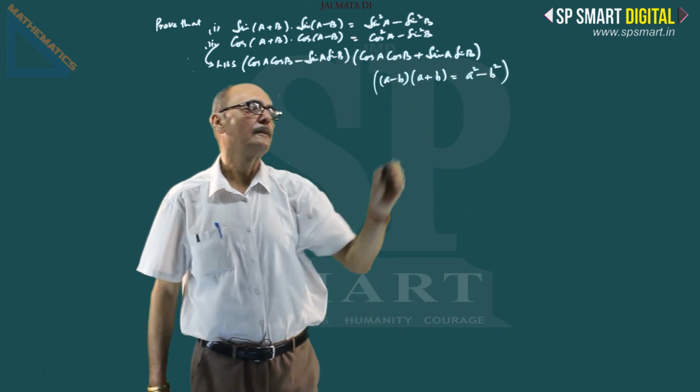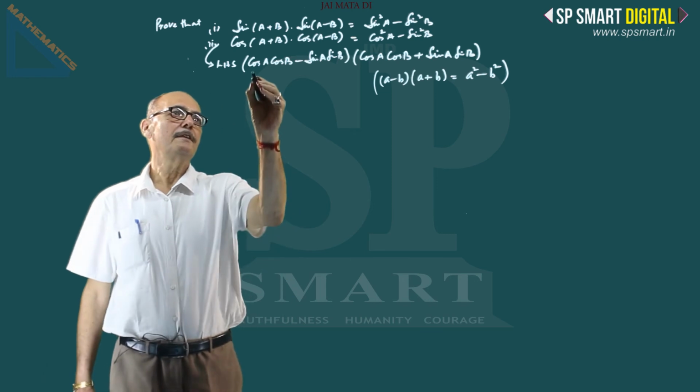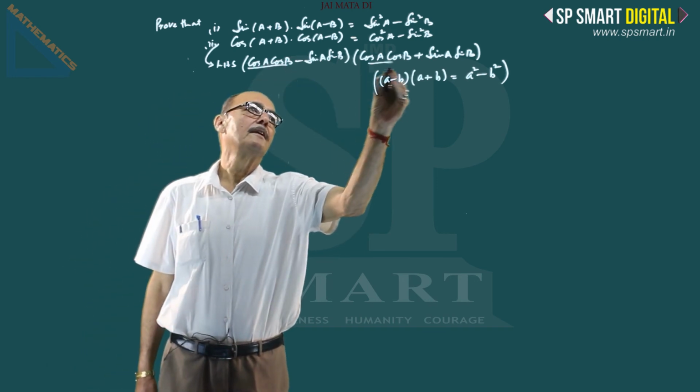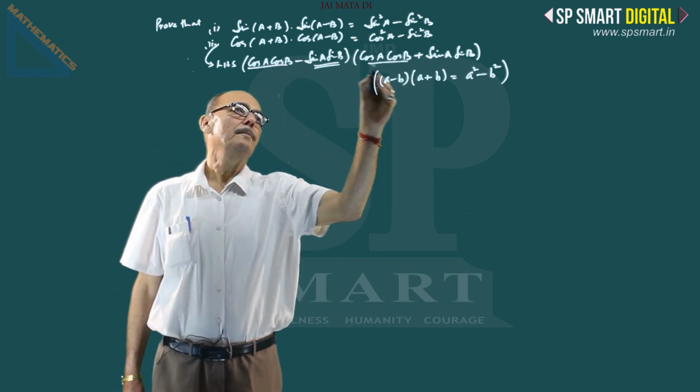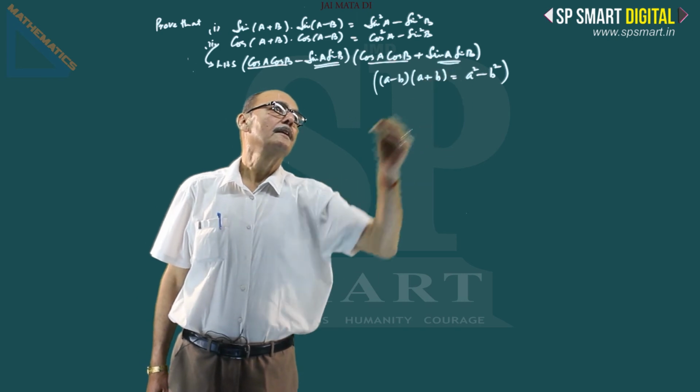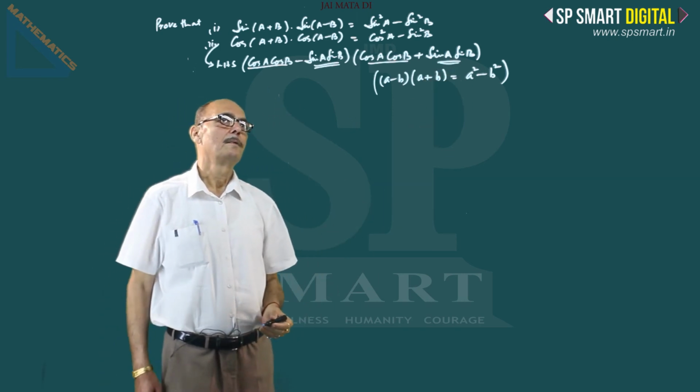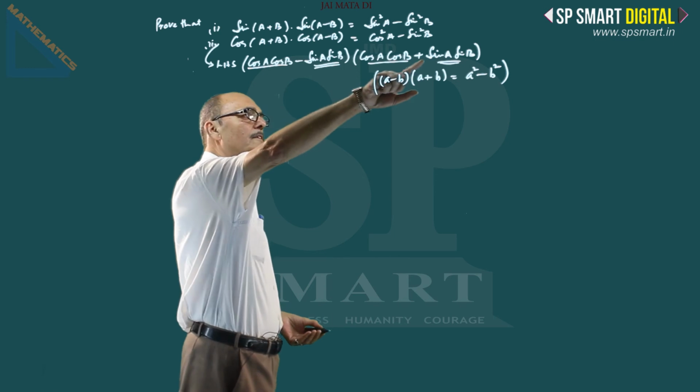Use this here. Because this first term is the same as this, and the second term the same as this, there is a difference of sign, minus here, plus here.